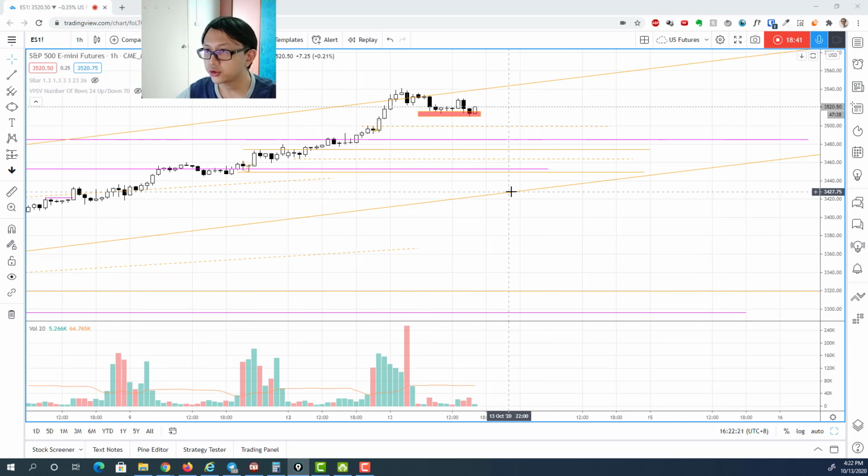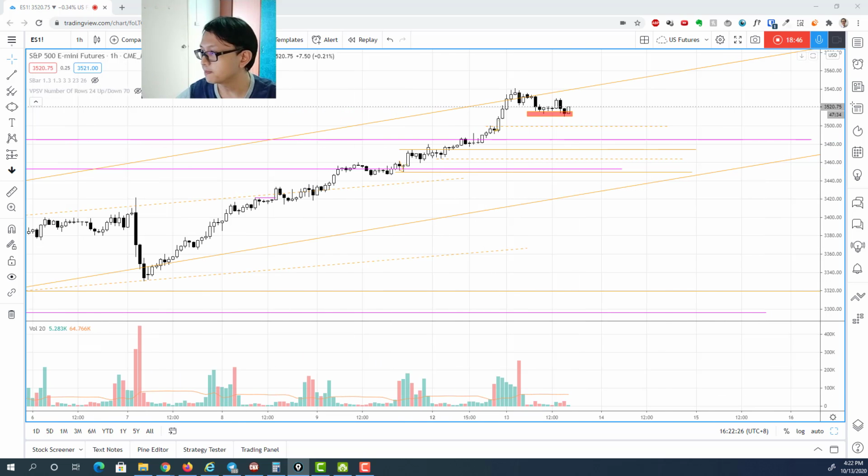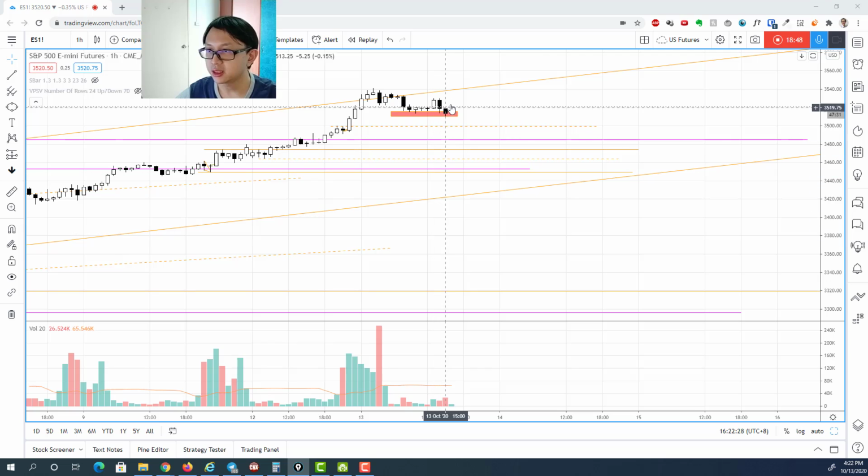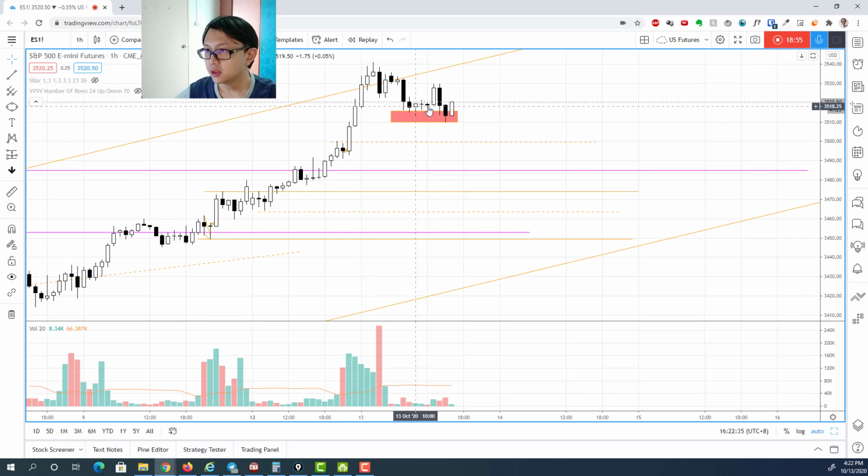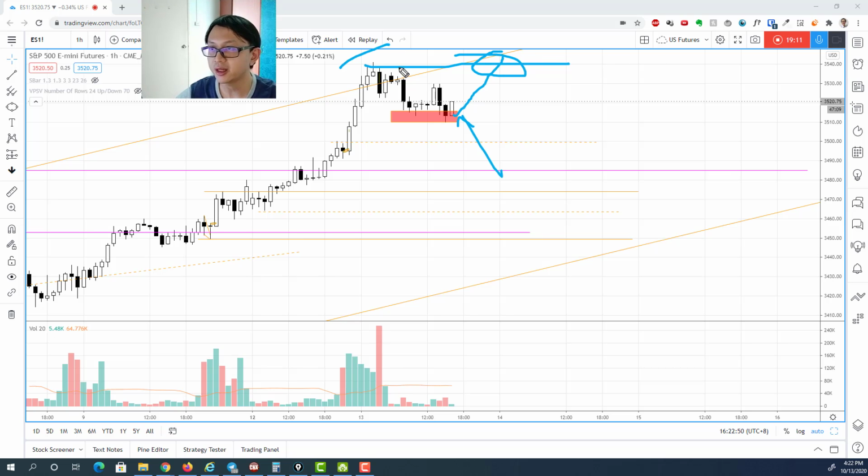In terms of the trading plan for the session later, definitely I'm still looking at this level, 3510 to 15, so probably we can have this kind of continuation to the upside, and this could be the supporting area. Otherwise, let's see how it reacts at the immediate resistance level at the swing high here, 3540.